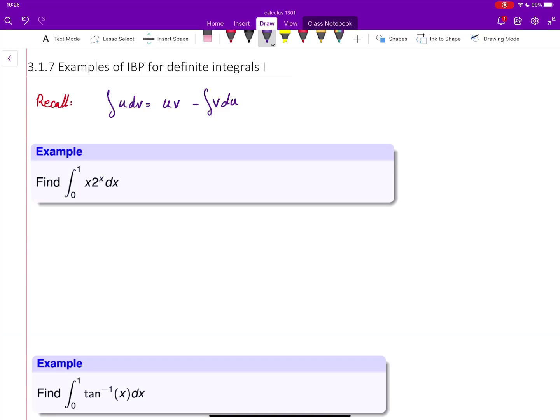When you have a definite integral on the left hand side, the right hand side must be a number as well.